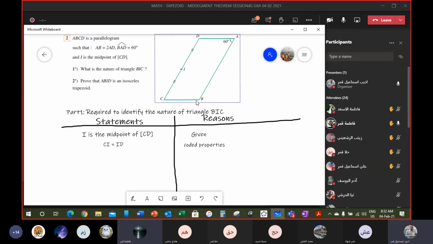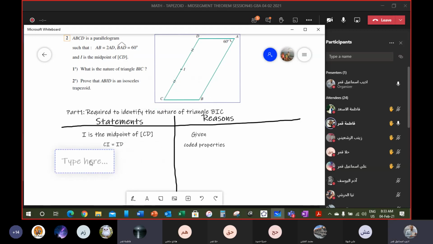CB equal CI لأنه ال CD equal CB. كيف عرفتيهم؟ استاذ given لأنه محطوط ال AB equal to AD. هو عاطيني AB وهني ال AD. ال AD equal CB وال AB equal DC لأنه opposite sides of a parm.